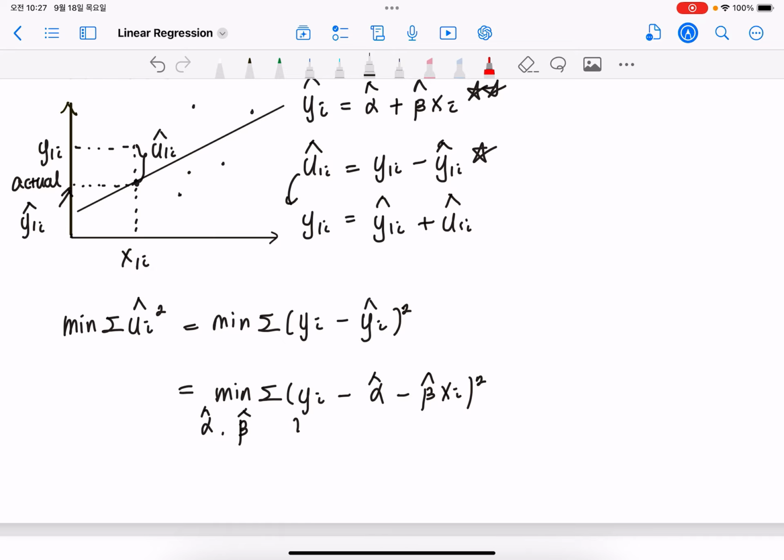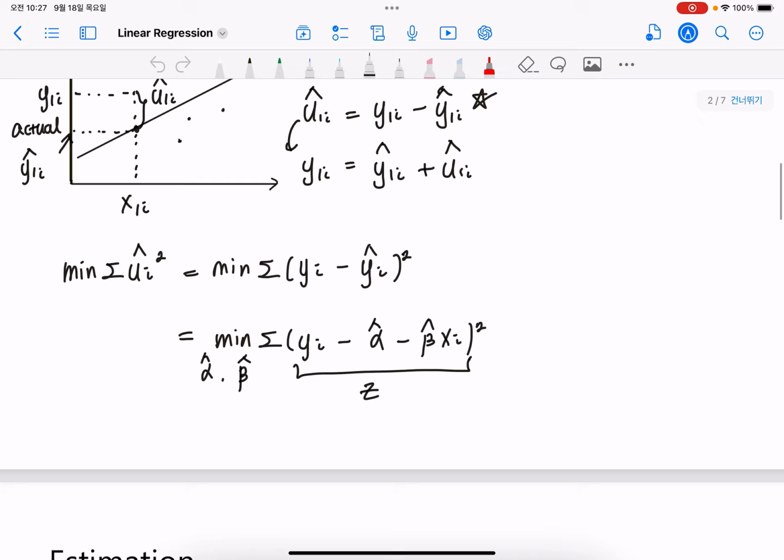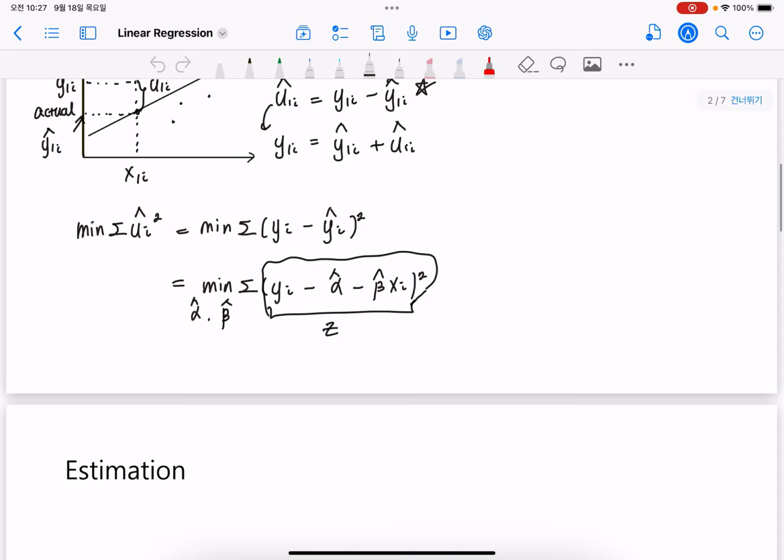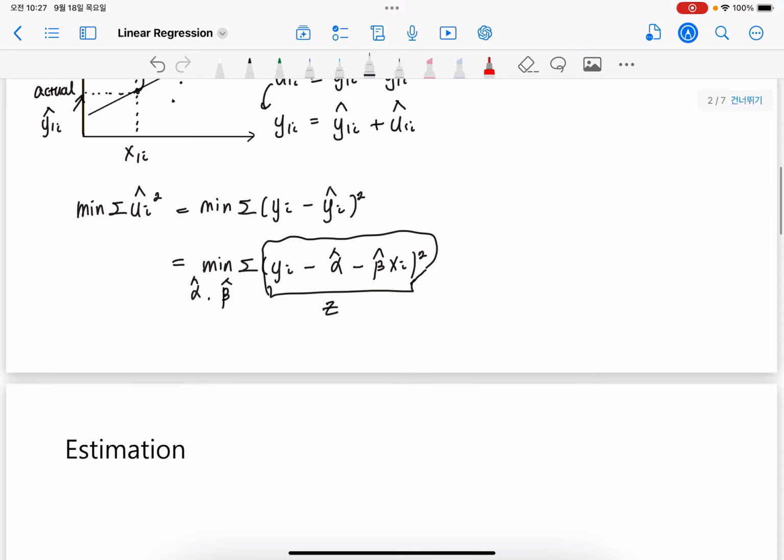Okay, and let me say this is z. Z, by the way, is the square. I'm also including the square term right here. So this is going to be z. So we are minimizing this with respect to alpha hat, right? So differentiating with respect to beta hat.